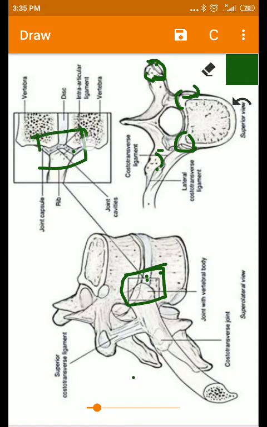costovertebral joint. This is the longitudinal section of the costovertebral joint. Here you can see the two adjacent thoracic vertebrae, and this is the head of the rib, which has a superior facet as well as an inferior facet.